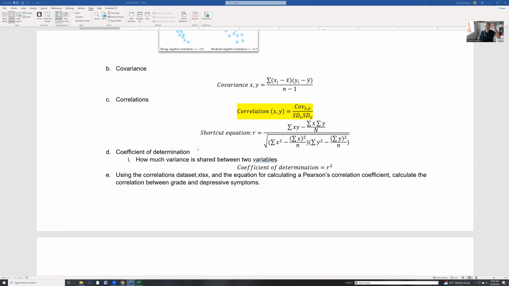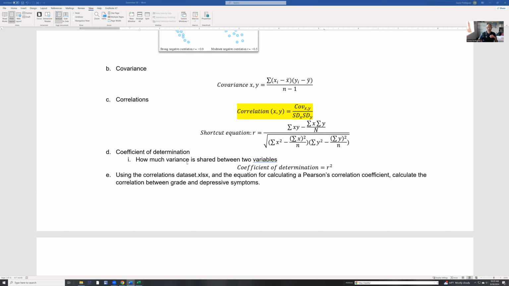Excuse me, I had that wrong. I mean, anything below 0.1 is extremely small. So we consider those heuristics for what's considered an effect, the relation among those variables. So the correlation is an effect size. The coefficient of determination is another way to communicate the effect.